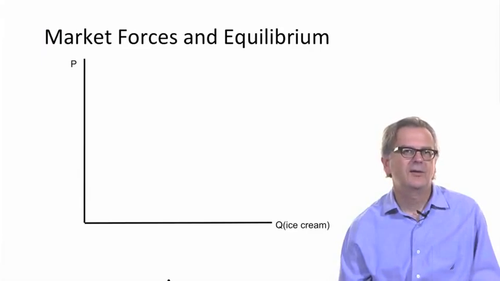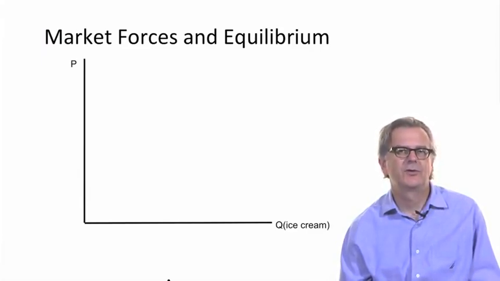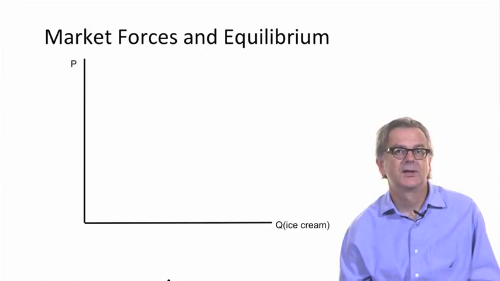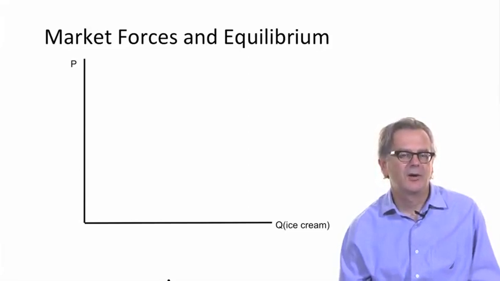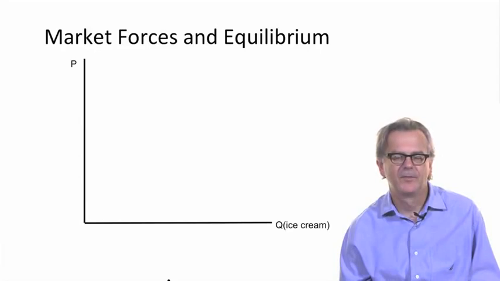So I want to go back to this idea of market forces and equilibrium, which we talked about in our very first lecture. The magic of markets, how price signals can coordinate decision making between consumers and producers in a way that achieves an equilibrium. We are going to work at the microeconomic level for the next few minutes, and then I'll show you why this matters for thinking about the macroeconomy.